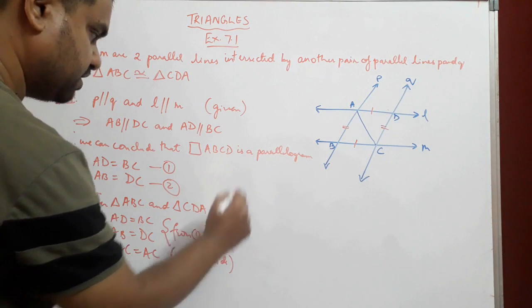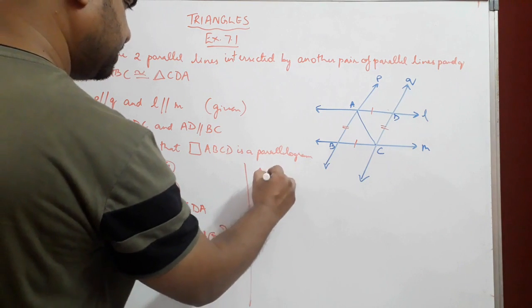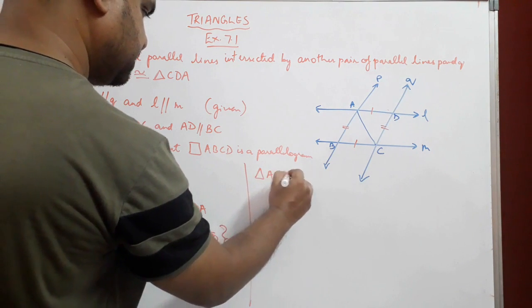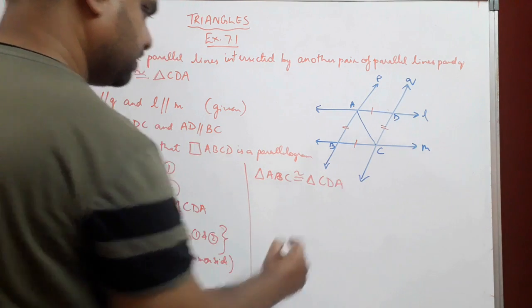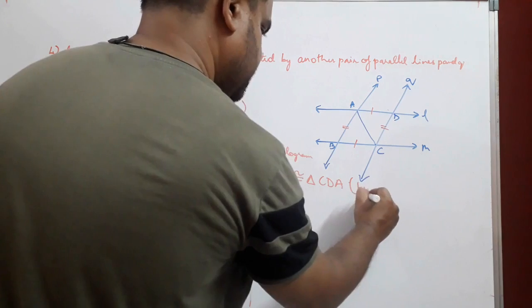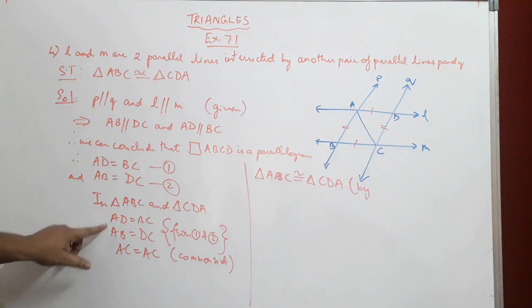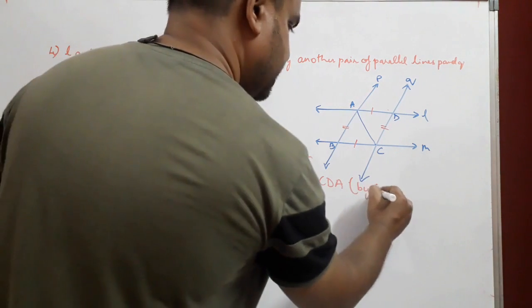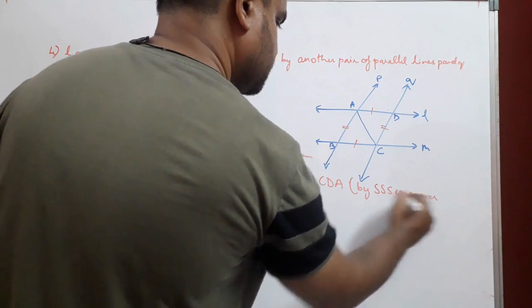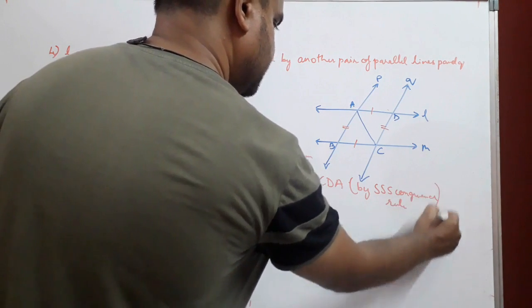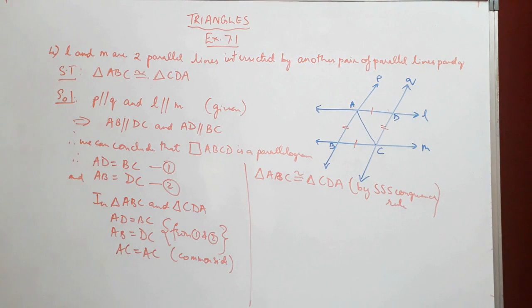Now we can conclude that triangle ABC is congruent to triangle CDA by SSS congruence criterion, with all three sides equal. So we have proved triangle ABC congruent to triangle CDA.